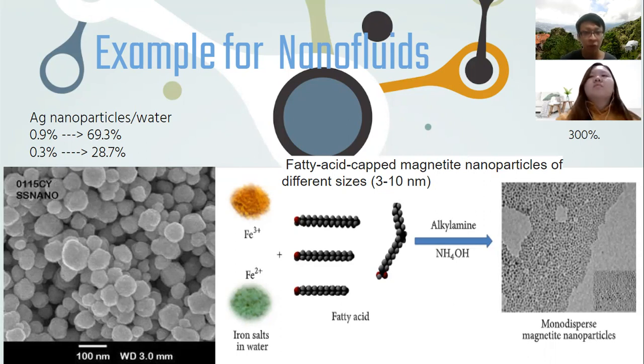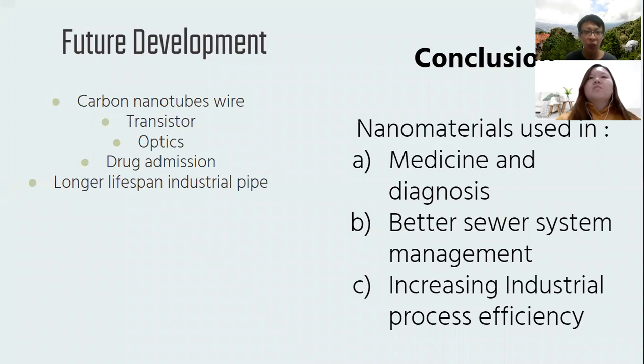It's quite impressive. So in the future, nanomaterials will surely become one of the most important materials and replace our current materials used in daily life. They will surely be used to create carbon nanotube wire, and also be implemented in the manufacturing of transistors, optics, and also used in drug delivery, and to create longer-lifespan industrial pipes.